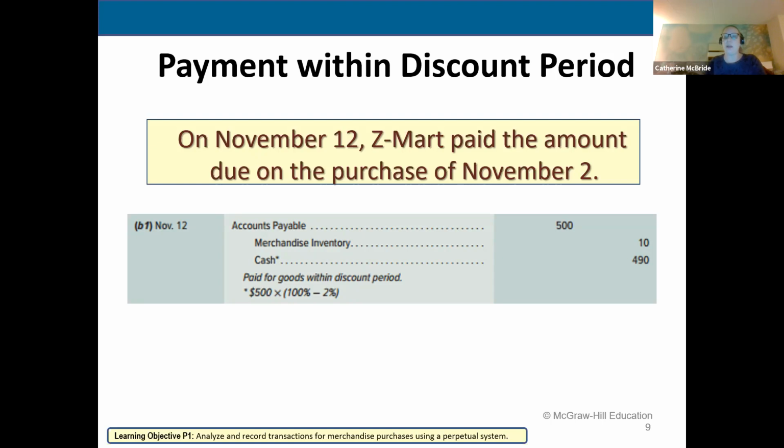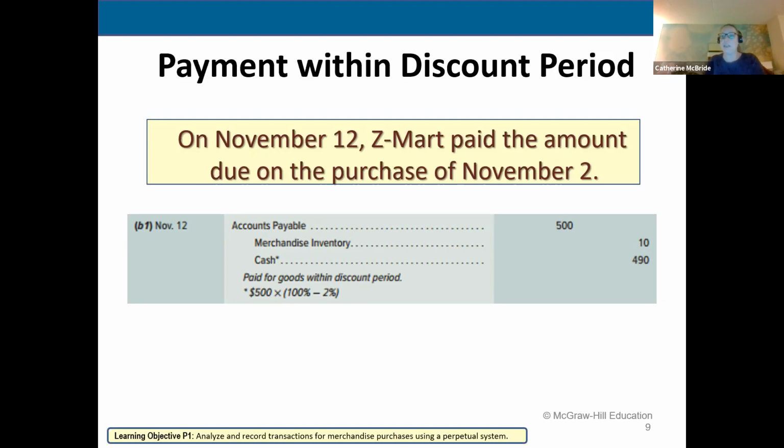But what you have to think about is how much do we owe them? On our books, we owe them $500. After we make this payment, how much are we going to owe them? We're not going to owe them anything. So you're going to have to take the $500 out of accounts payable. We're going to debit accounts payable the full $500.